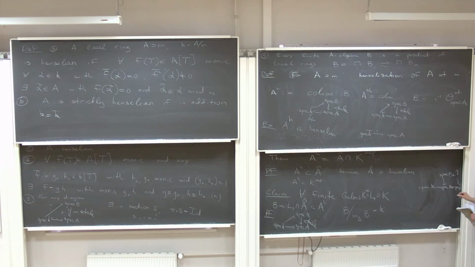So I have this diagram where this is Spec A hat, it's Henselian, this is étale, and it follows that there exists a unique section.